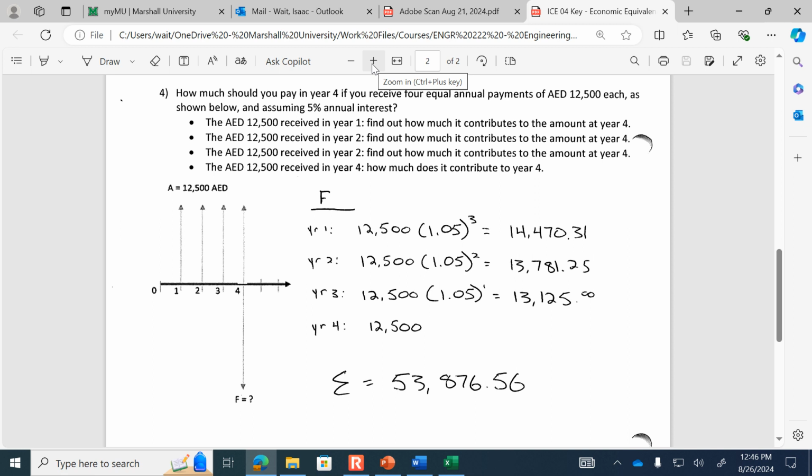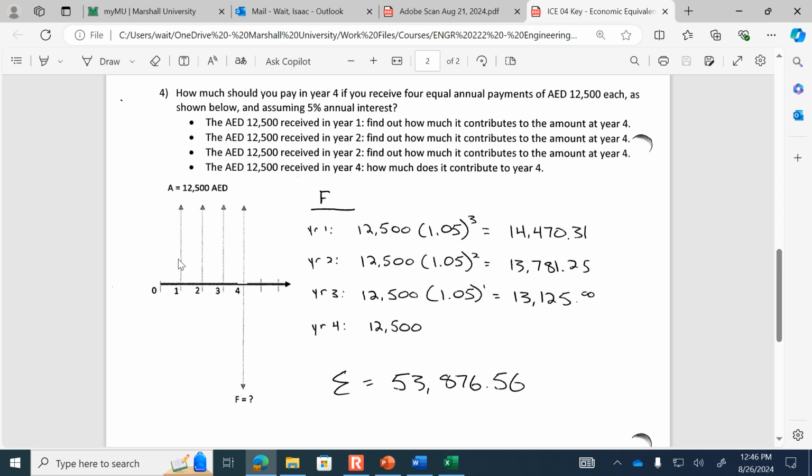So the approach here is saying this $12,500 that's in year 1, how many years does it need to be compounded into the future until it gets to year 4? So you can just count. If you were going to find the equivalent value of $12,500 in year 1, you want to find out, if it's compounding at 5% per year, what is that amount by the time it gets to year 4? Then the number of years it needs to move is 1, 2, 3.